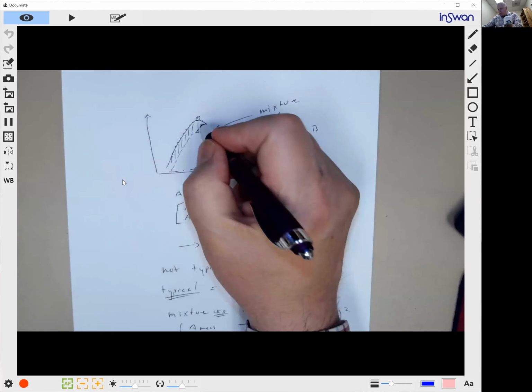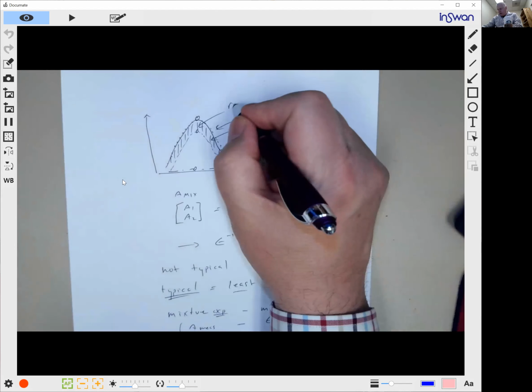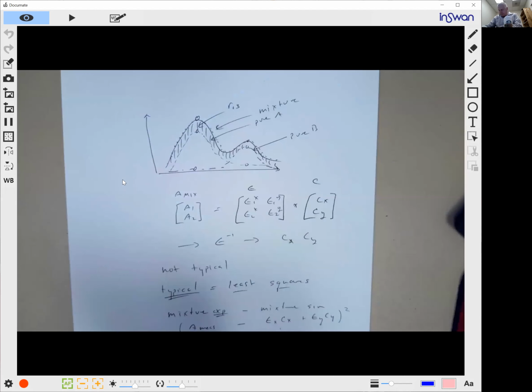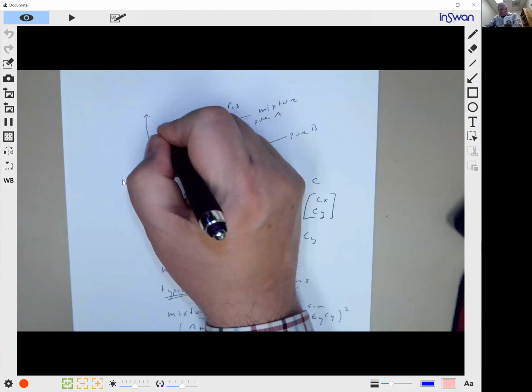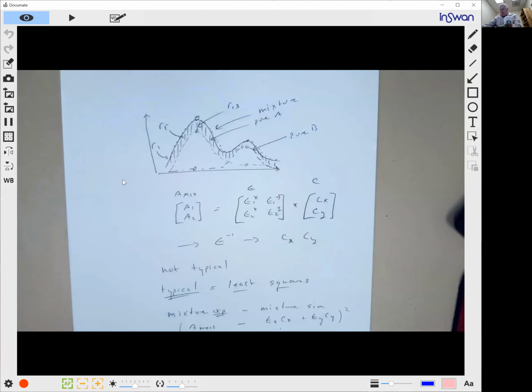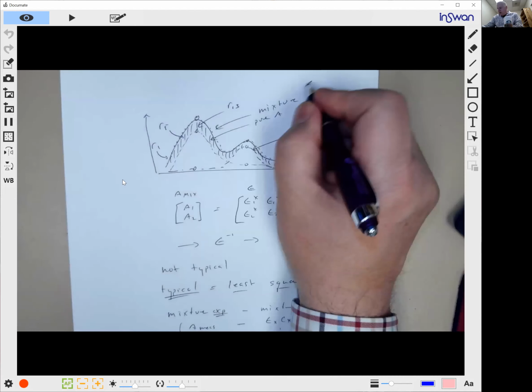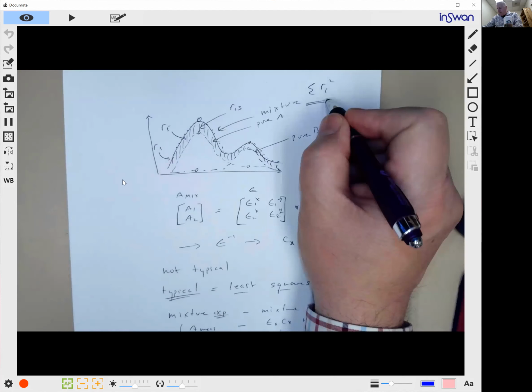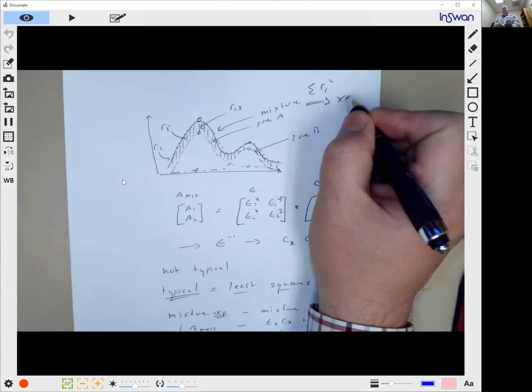Like this is r sub 1, r sub 13, and this is r sub 5. There's r sub 1. And if we add up the r values squared, this is what chi squared is.